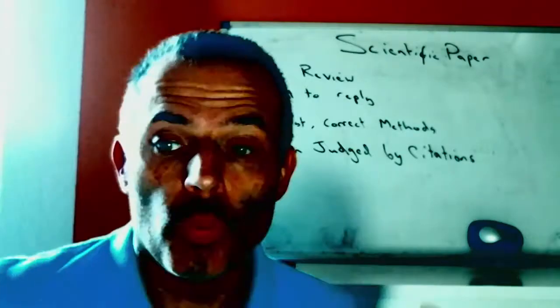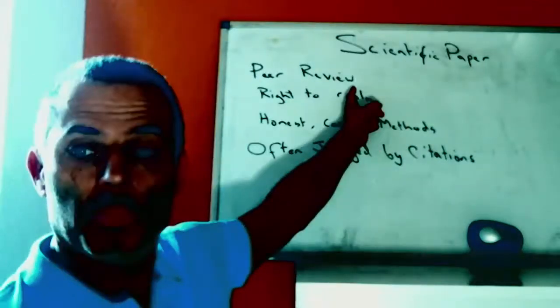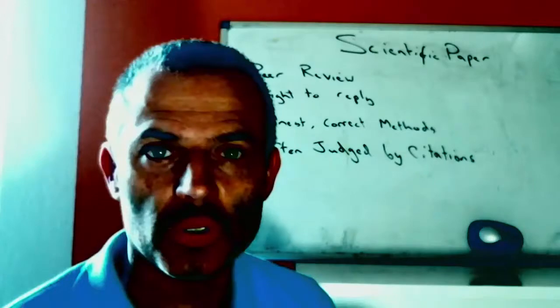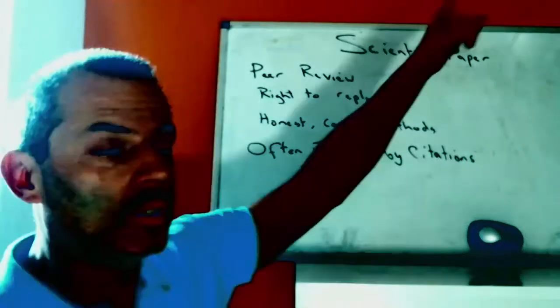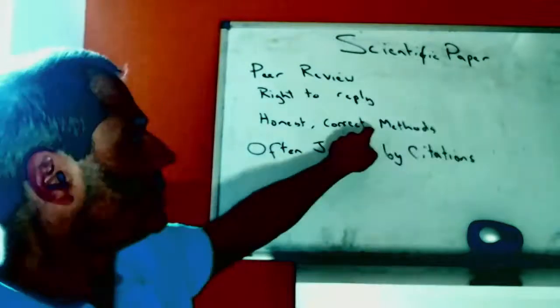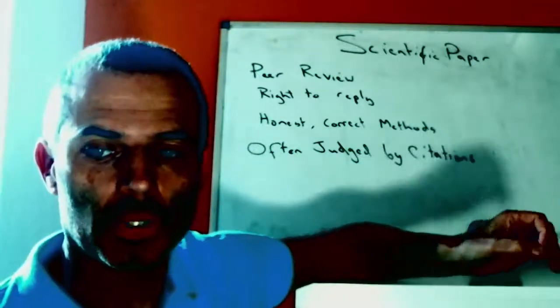So to sum up, what is a scientific paper? A scientific paper will typically be peer-reviewed, otherwise it's not very scientific. People will have a right to reply, and it will contain honest, correct methods and materials, so instructions on how to exactly copy the things that were done.